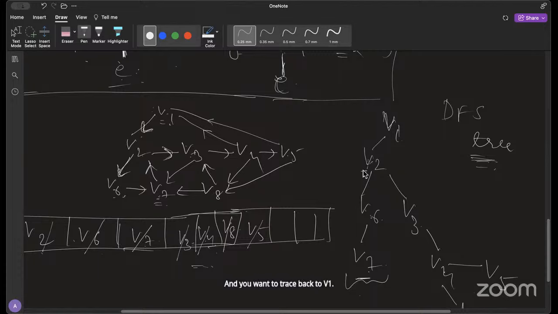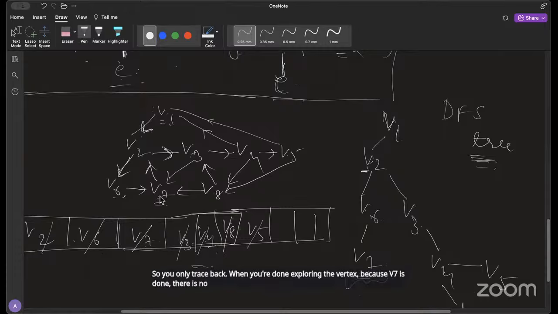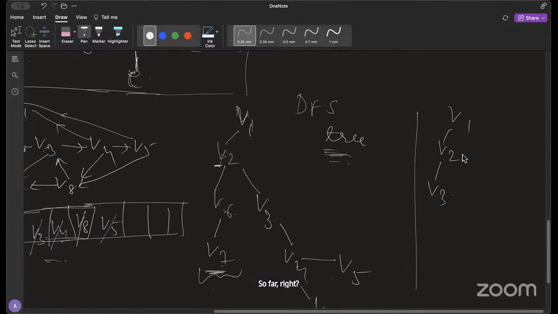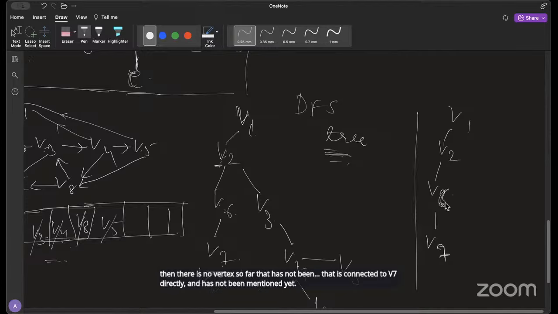You only trace back when you're done exploring the vertex, because V7 is done. There is no other vertex connected to V7 that has not already been mentioned in this tree so far, right? Okay, ma'am.